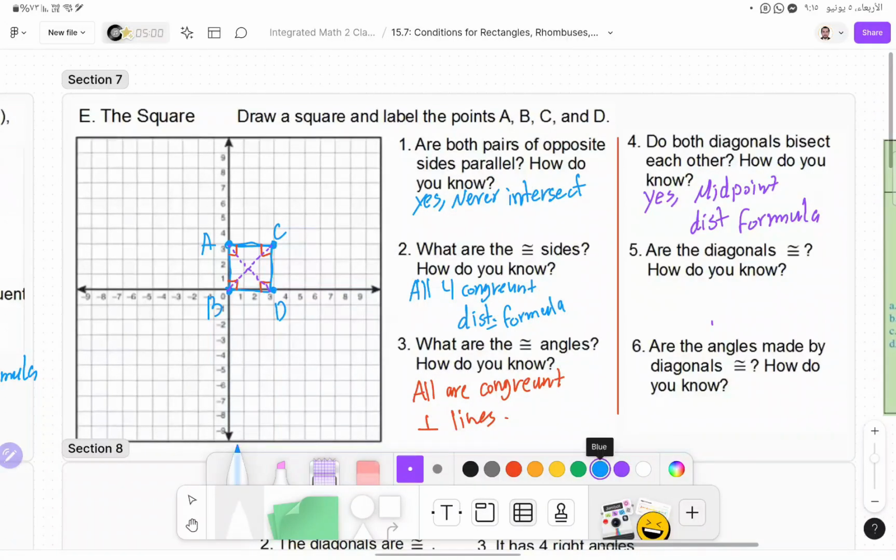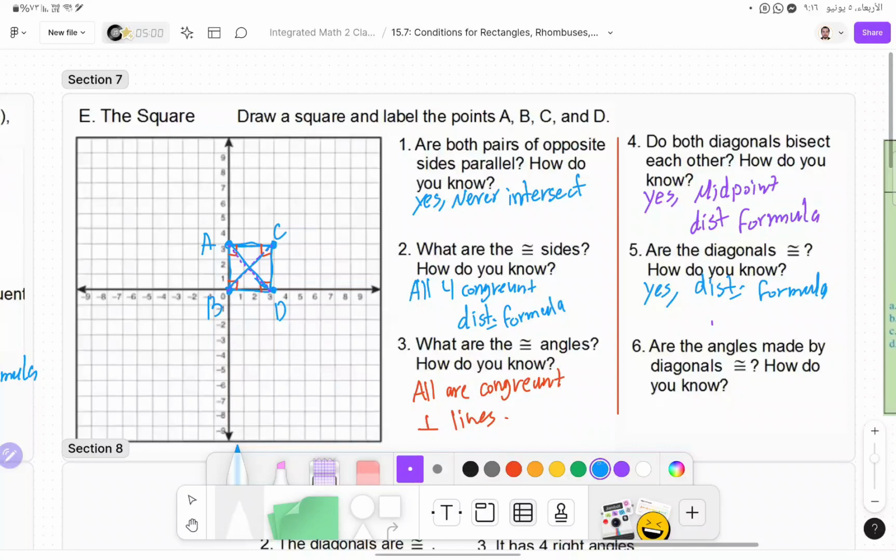Now, question number 5. Are the diagonals congruent? Is the line from A to D equal to the line from B to C? Yes, they are, using the same thing, the distance formula, because the length of AD should be equal to BC. Are the angles made by the diagonals congruent?